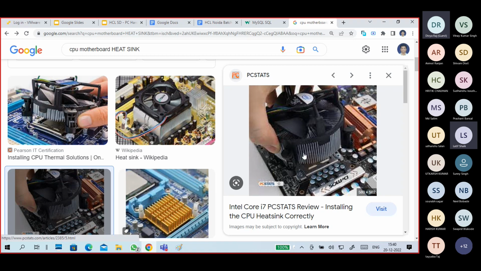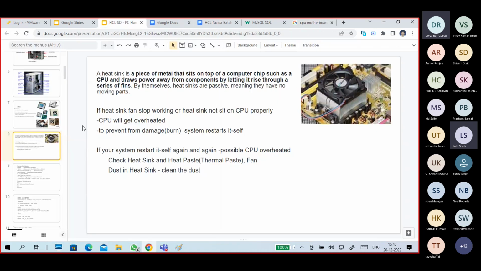So maybe the heatsink is not sitting properly, the heatsink paste is not there, the heatsink is full of dust, or the heatsink fan is not running properly or is full of dust also. For these reasons, the processor heat does not escape and the processor gets overheated. To prevent damage, the system restarts your PC.